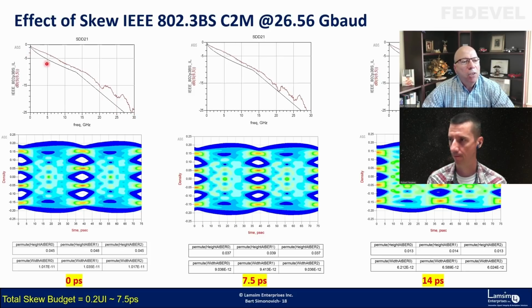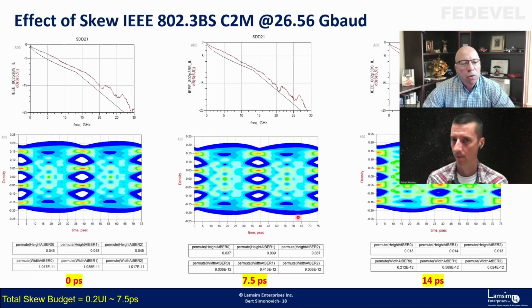Your insertion loss has to be above this black line. Here we're meeting the spec fine, everything is good, we have an open eye, and there's 0 picoseconds of skew.